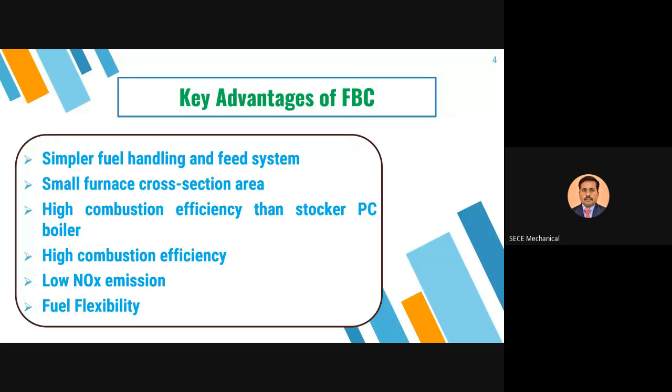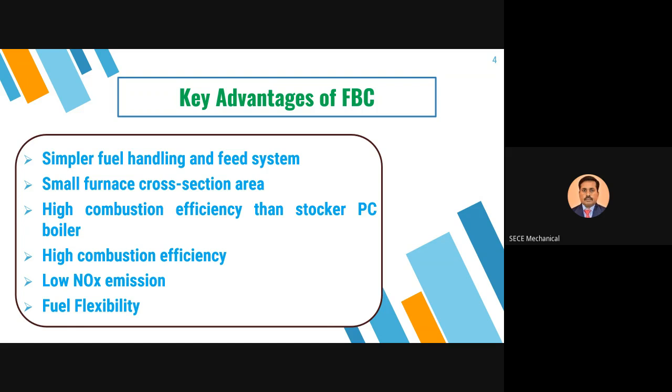If you want to create the furnace area as a compact one, we can go with fluid bed combustion because both limestone and coal are mixed, and that will be sent to your combustion chamber area. If more is stored, it will not be an ignitable element.